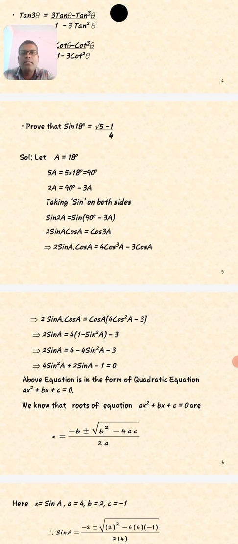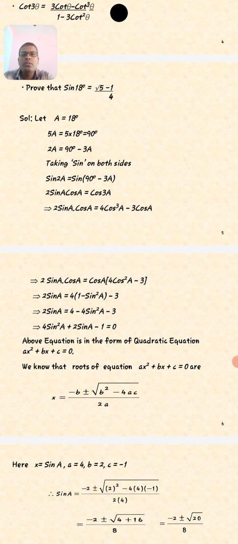So in the place of sin 90 minus 3A we write cos 3A. That implies 2 sin A cos A is equal to, we know the cos 3A formula. What is the cos 3A formula? We already know it, let us see. 4 cos cube A minus 3 cos A. What is the suitable formula of cos 3A? 4 cos cube A minus 3 cos A.